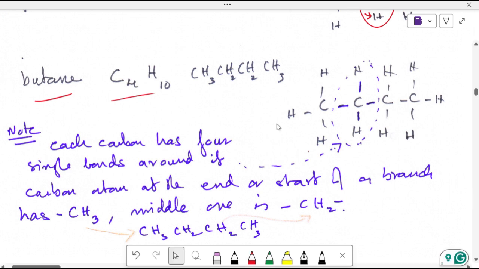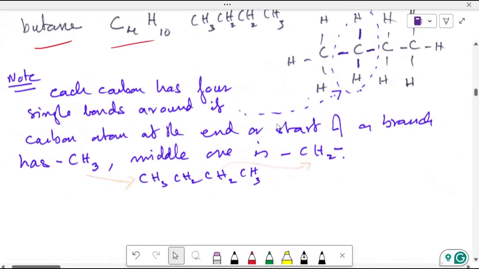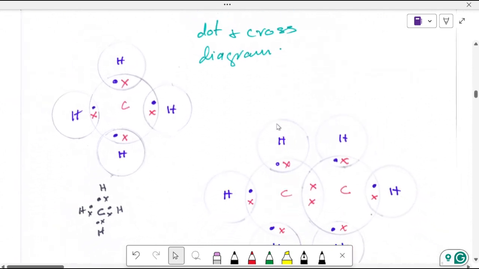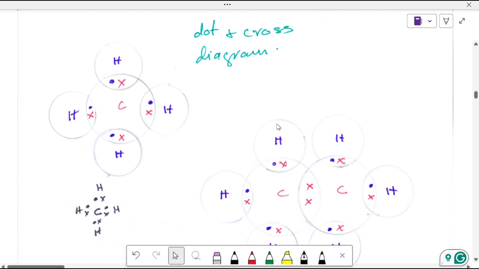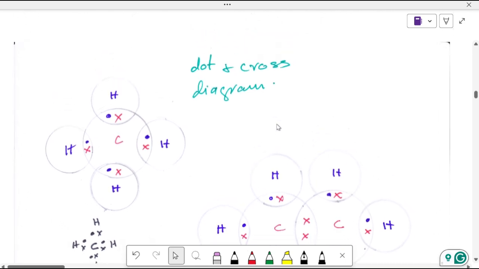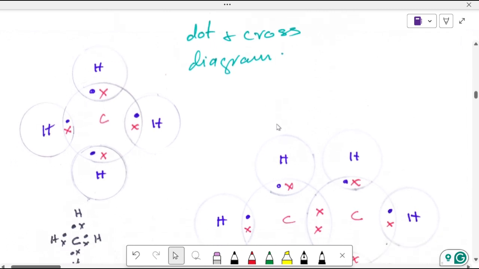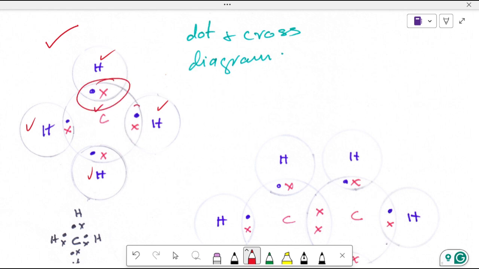Now, I have drawn these dot and cross diagrams, which we studied when we were studying covalent compounds. As these are also covalent compounds, we should know how to draw their dot and cross diagrams. First, I have drawn methane. You can see 4 hydrogen atoms, a carbon atom in the center, and 2 electrons are shared with each hydrogen atom.